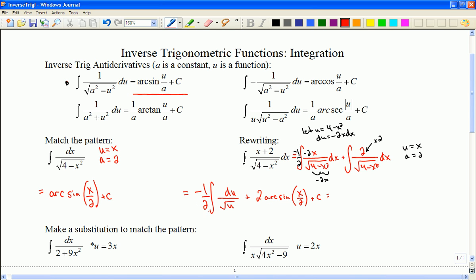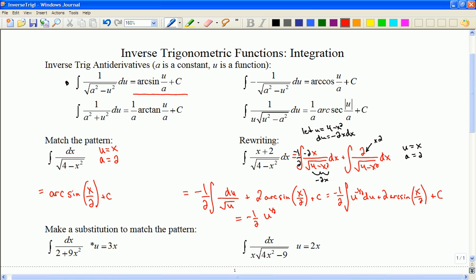Now, I still have to resolve the first integral I was dealing with, and it'll probably be easier if we rewrite this using the exponent. That way it'll be easy to apply the power rule in reverse. So the power rule in reverse here, that'll be negative 1/2.